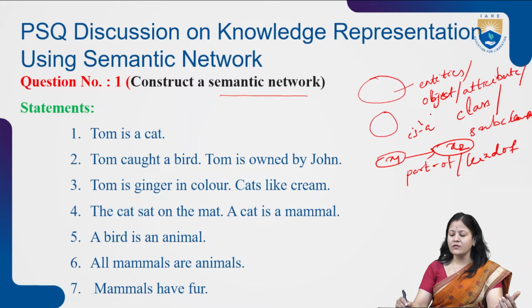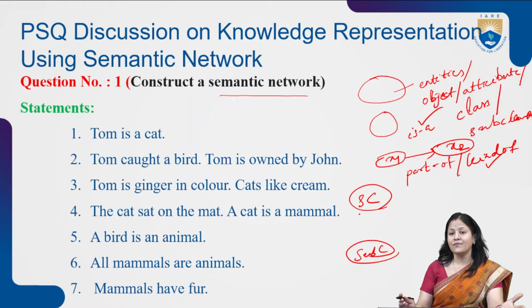Now what is the meaning of the is-a relation or the kind-of relation? The is-a relation establishes a hierarchical relationship. Suppose this is the superclass and this is the subclass. As in the concept of inheritance, a subclass always inherits all the properties of the superclass.